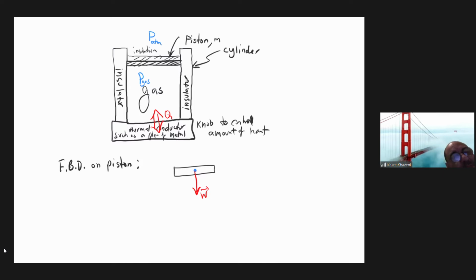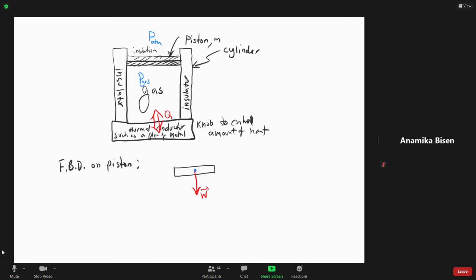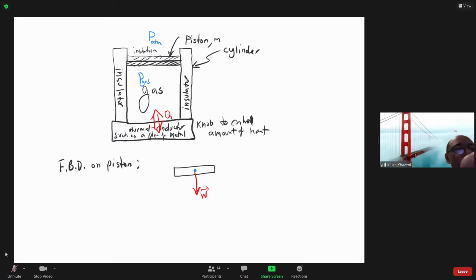Yeah, that's the W. I wrote W, which is the weight. Sorry. What else? Right. So the gas is pushing it up. So this is the force due to the gas. And the force of the atmosphere is pushing down. Right. Okay. That's it.